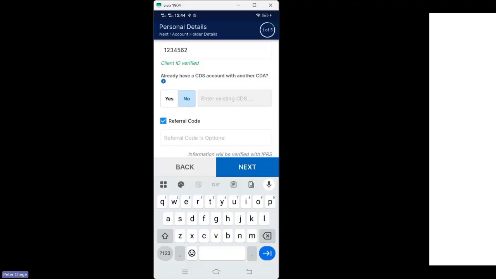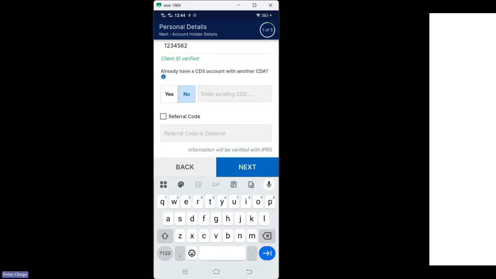Just click on referral code, and put the referral code they sent to you. If they have shared a referral link, please click on the link. It defaults to that referral code. We'll come to that when we do the referral module and you understand why it's important. As noted there, the details are verified by IPRS.